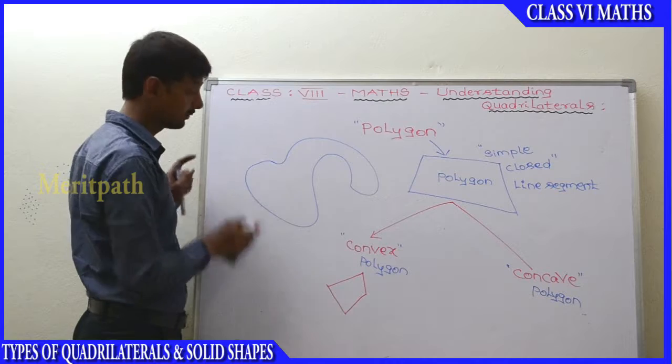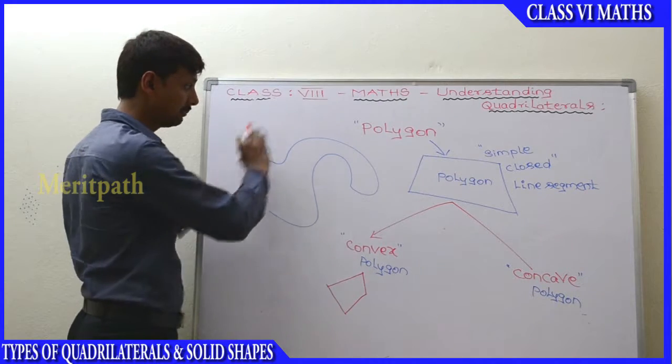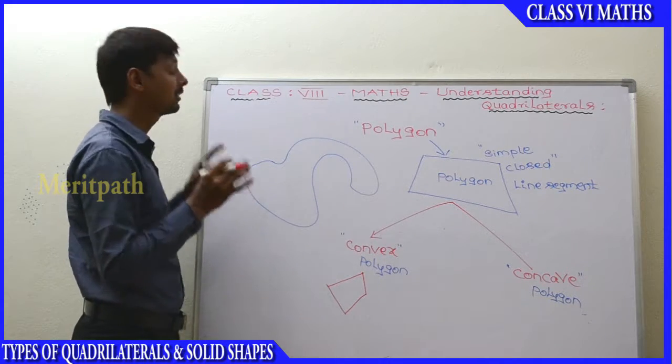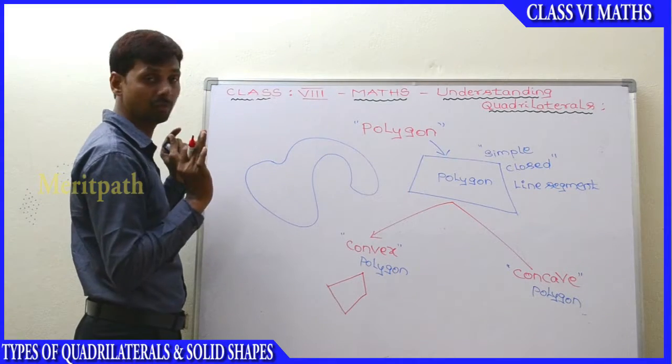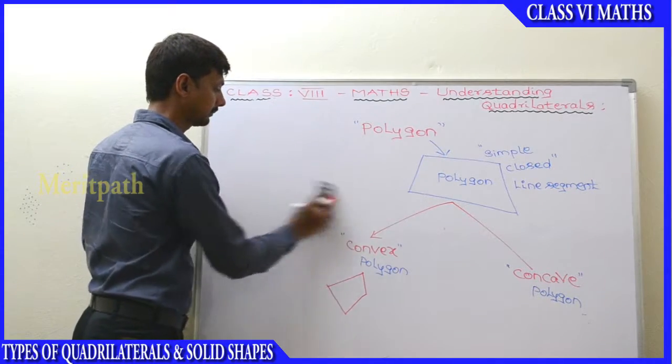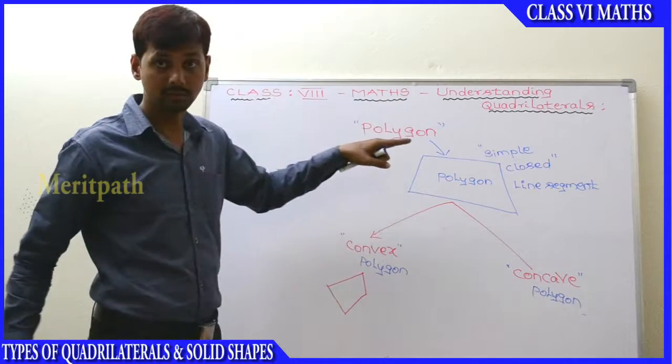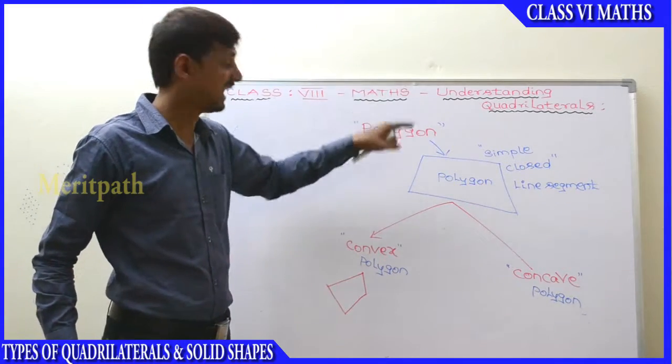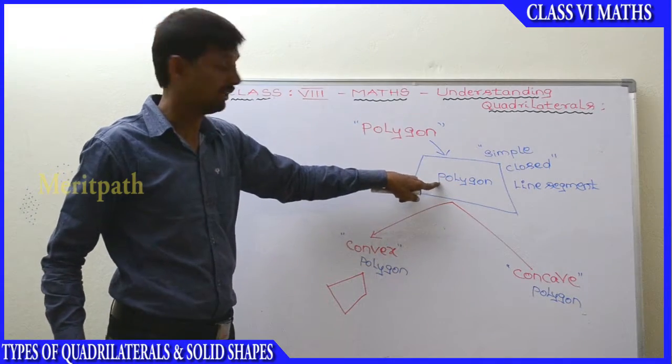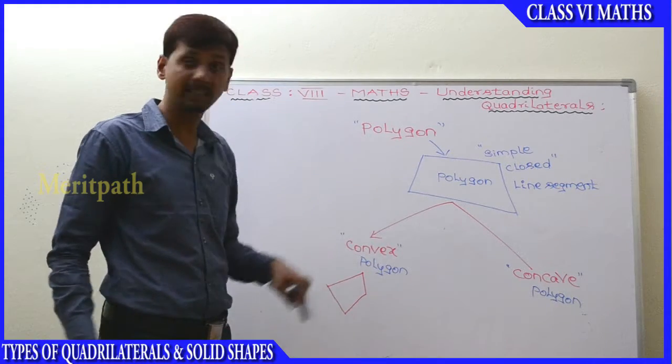It's just a simple closed figure we have discussed, but it's not bounded with line segments. That's okay. So here we discuss the simple closed figure which is bounded with line segments. That is a polygon. Polygons are of two types, convex and concave.